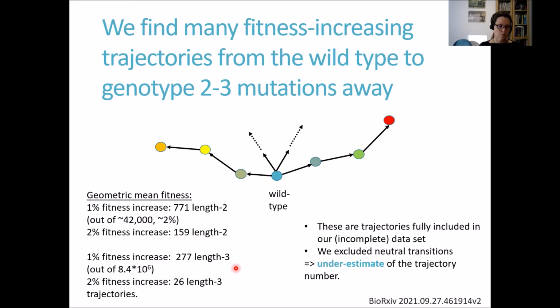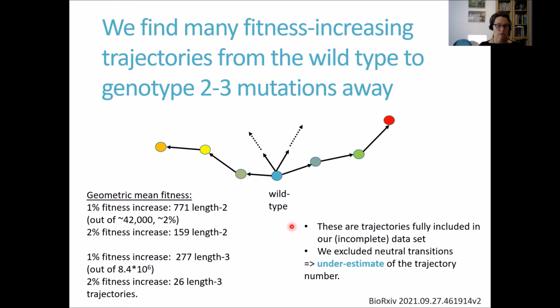So we went on to the triple mutant. Even there we find 277 or 26 trajectories, depending on which fitness increase we require at every step. So the message here is that we find a large number of such trajectories in which fitness increases. We're not talking about just one or two possibilities.